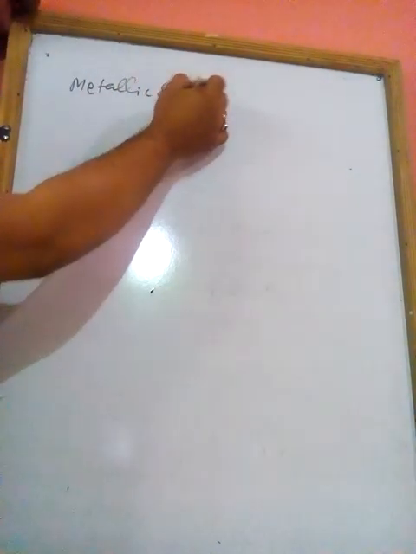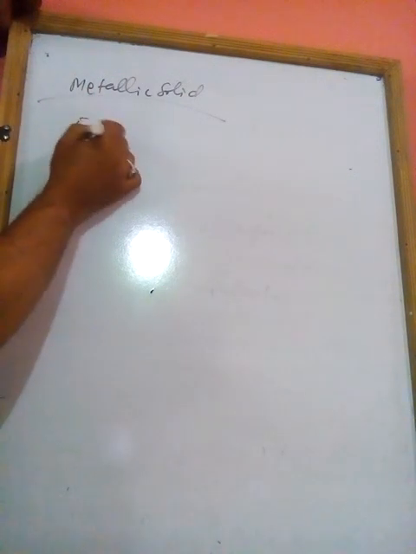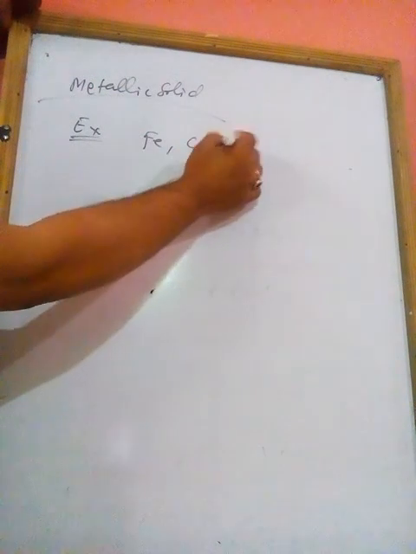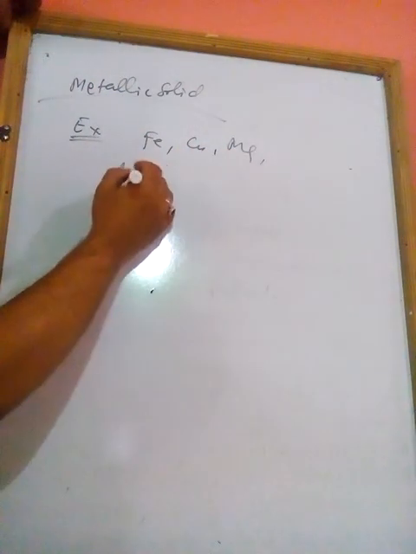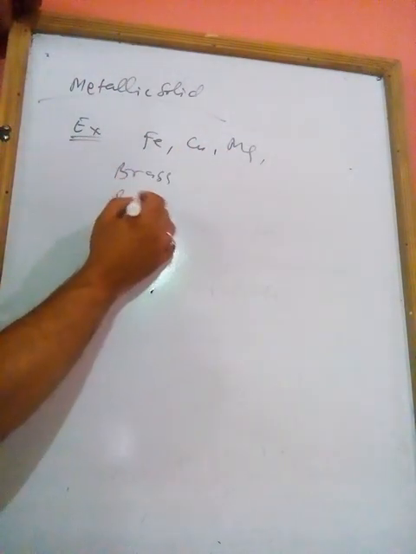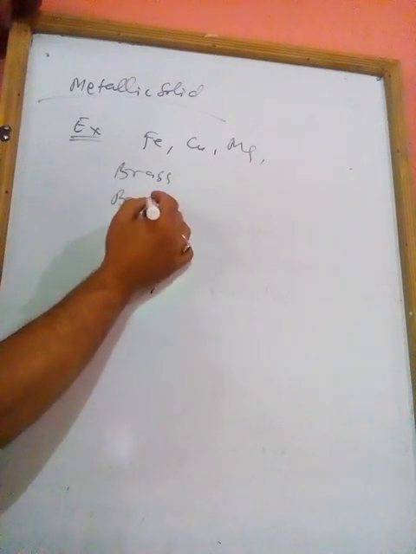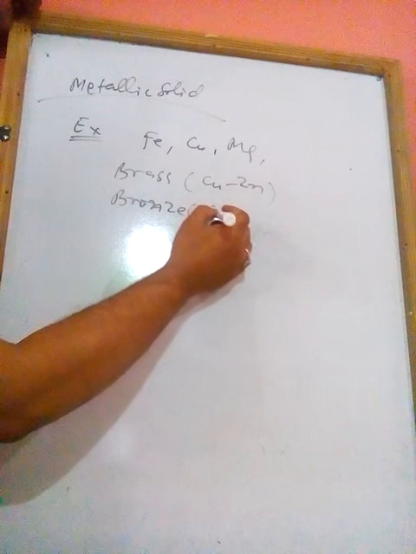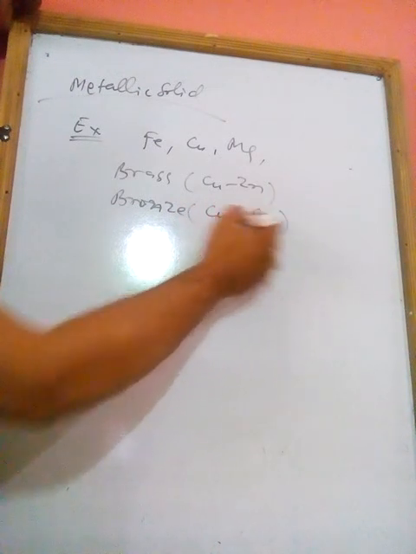All metals are metallic solids. Even alloys are metallic solids. All metals that you know, iron, copper, magnesium, even brass, bronze. Brass is copper, zinc. Bronze is copper, Sn.